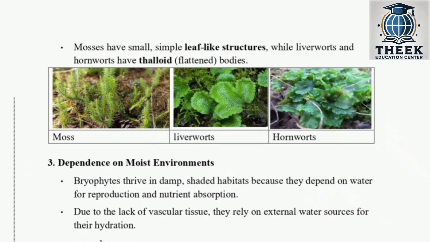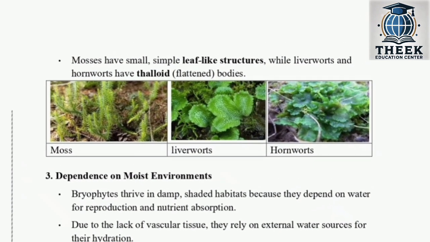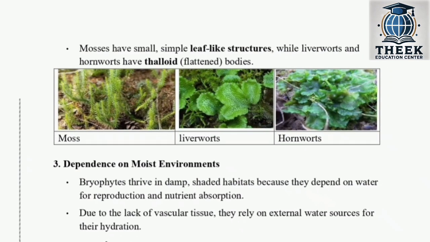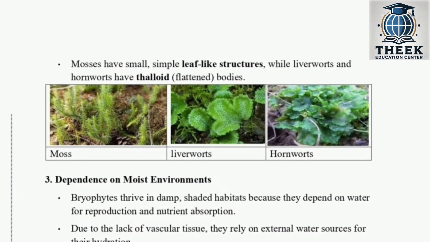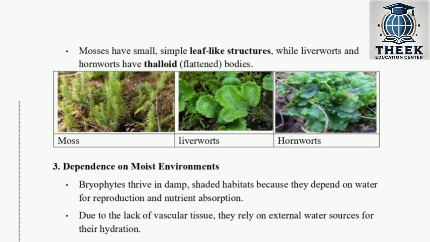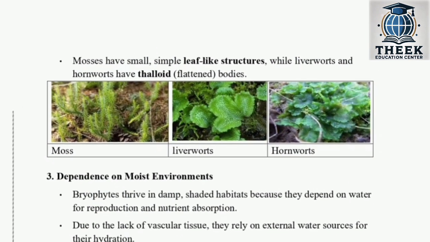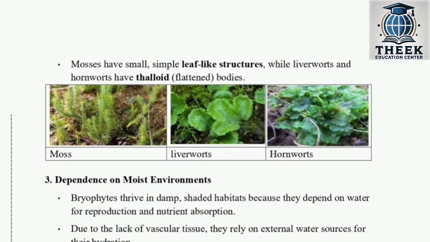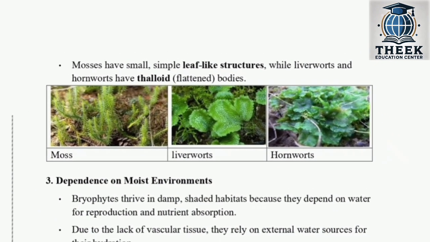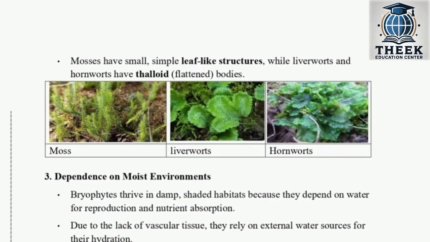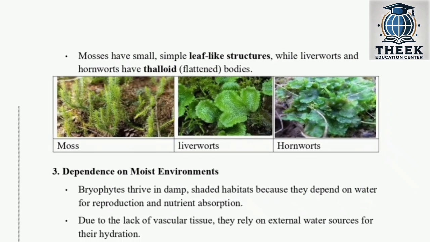Mosses have small, simple leaf-like structures, while liverworts and hornworts have thalloid, or flattened, bodies. You can see the mosses here, with leaf-like structures, and you have the flattened body here, that is the liverworts and the hornworts. That is their structural appearance.